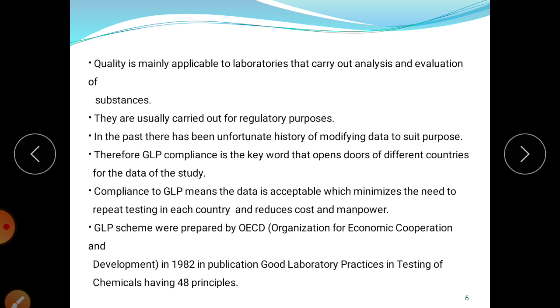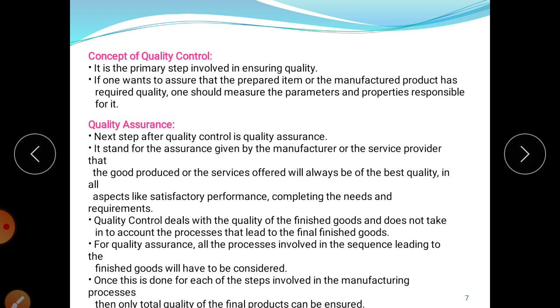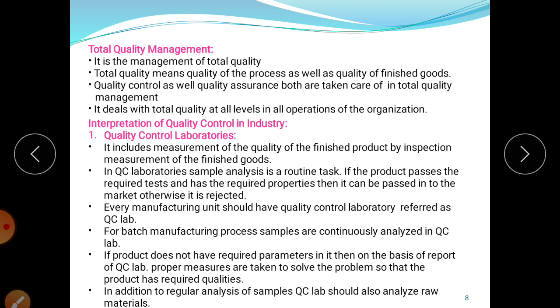We also discussed a little bit about GLP. Then we discussed quality control and quality assurance. Then total quality management, which includes both quality control as well as quality assurance.